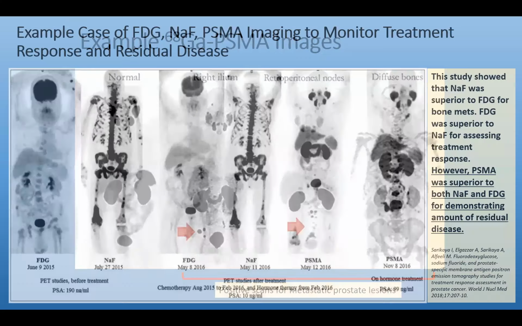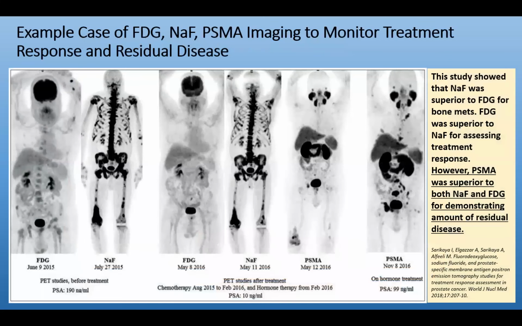This slide's a little bit busy, but it just shows how valuable PSMA may be in monitoring treatment response, as well as its ability to accurately identify residual disease.